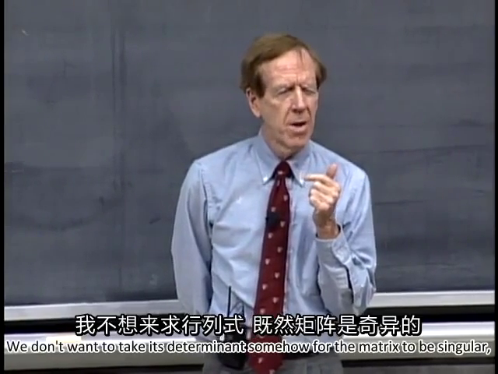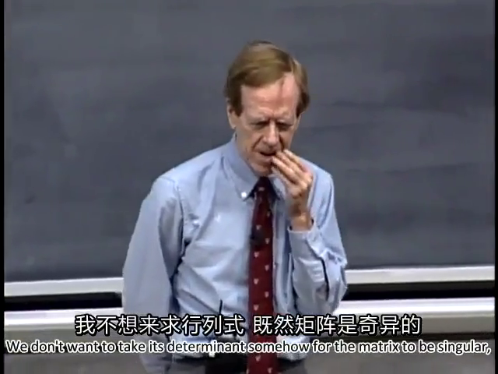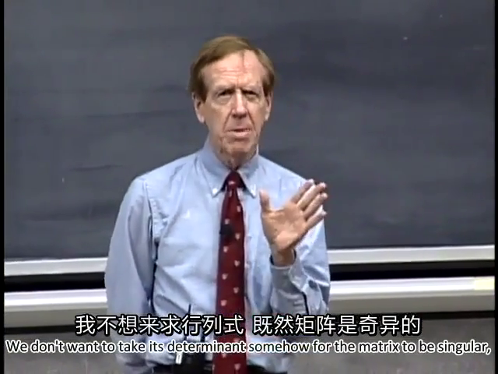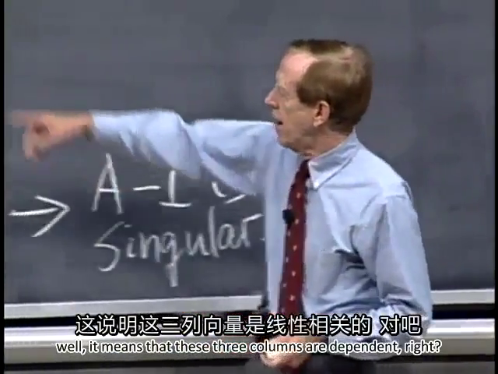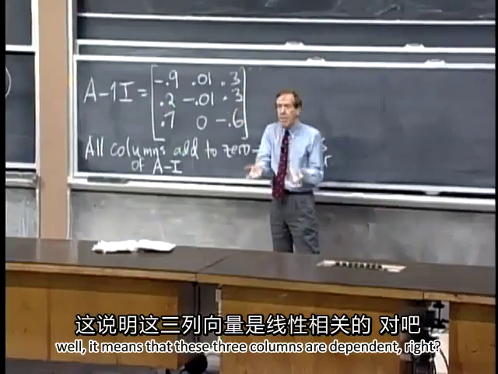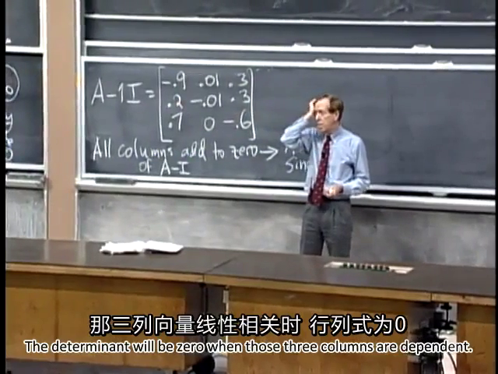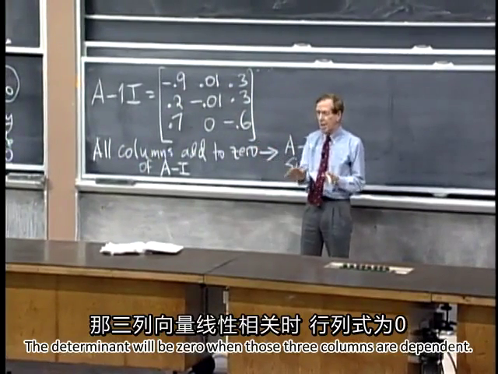How would you do it? We don't want to take its determinant somehow. For the matrix to be singular, well, it means that these 3 columns are dependent, right? The determinant will be 0 when those 3 columns are dependent.